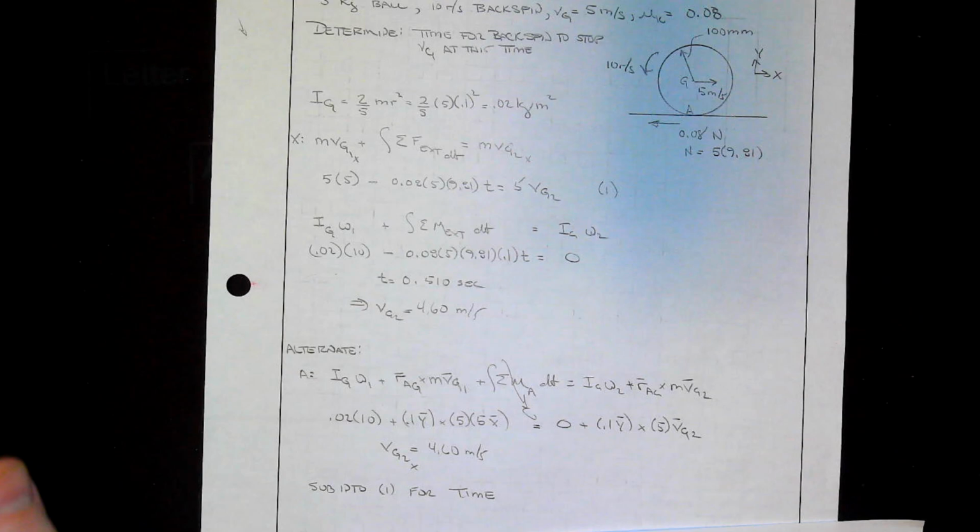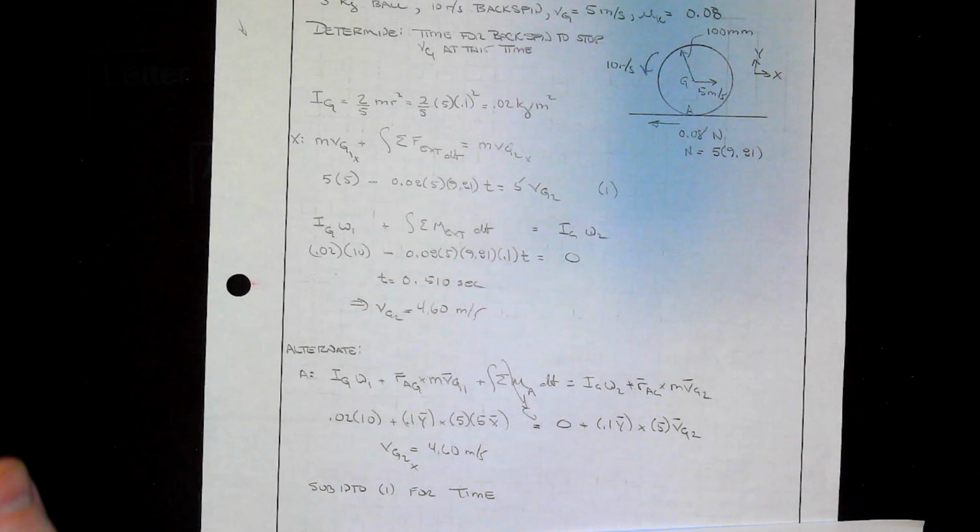If we look along the x, this thing has mass, so it's 5g coming down. That will produce a normal force of 5g going up, times 0.08 will produce a force in the negative x direction. This thing is sliding, and due to friction, we have 0.08 times the normal force. Okay, and so that'll be working and working to stop this backspin, and eventually it'll stop, and then it will transition into rolling without slipping.